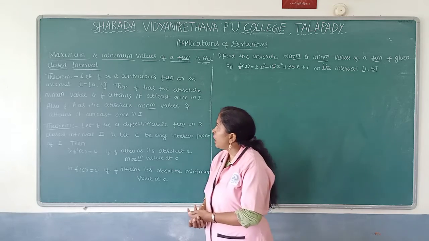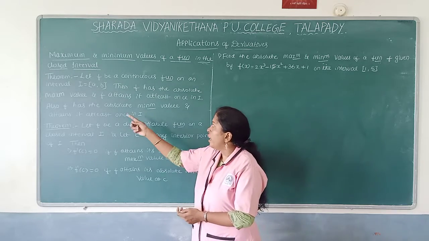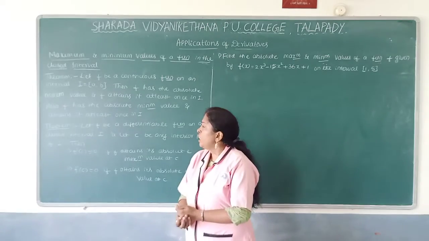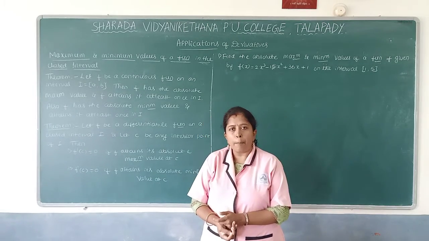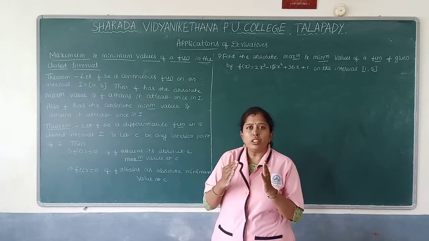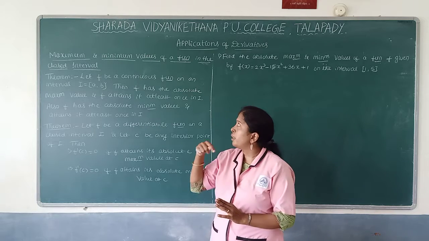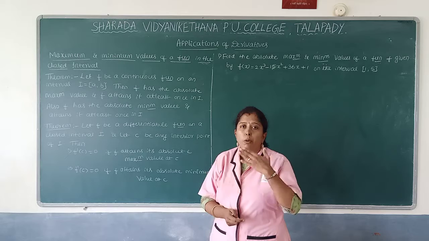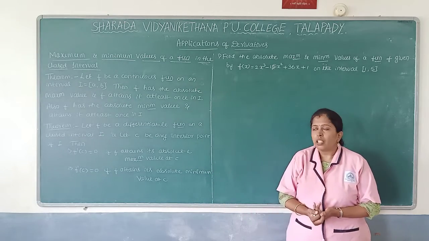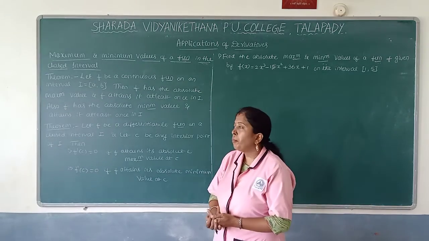F has the absolute maximum value and f attains it at least once in I, and f has absolute minimum value and f attains it at least once in I. Means, for example, first we should calculate the critical points, then in that interval which ones are coming, we should observe all the values, calculate and substitute in the main function. Which is greatest, that is considered as absolute maxima, which is the least value, that is considered as absolute minimum.